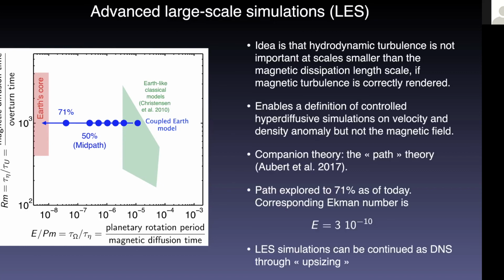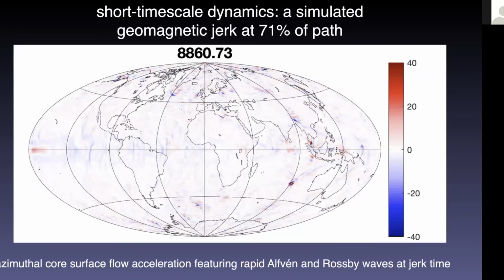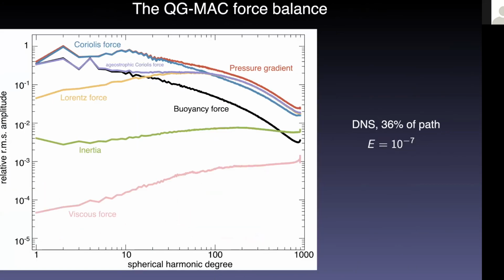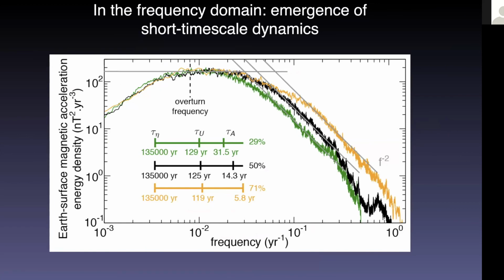I can support my comments with this graph here, where you see that at low frequencies, it doesn't matter where you are on the path, you get the same signal. So if that is correct, then the leap of faith of using super moderate models to simulate geomagnetic reversals is no longer a leap of faith, it's actually physically grounded.